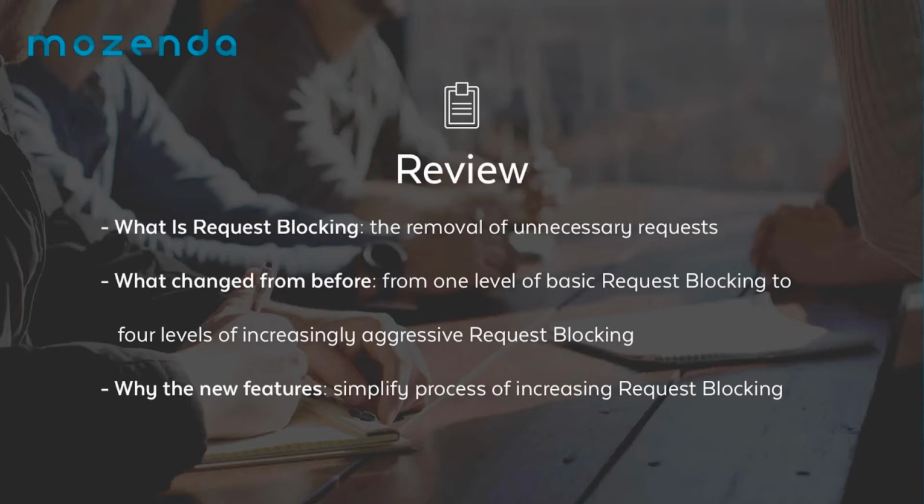But now you are able to go through 4 different levels of request blocking that up the aggressiveness each time. And it's much easier and less time consuming. With these 4 levels of request blocking, you're able to customize the requests being blocked in an agent much quicker, and that saves you time and effort.